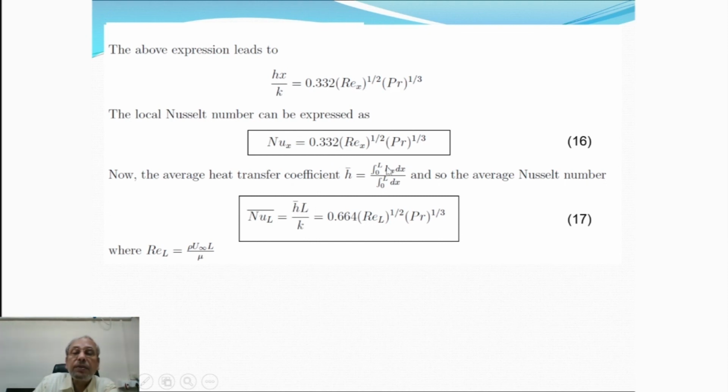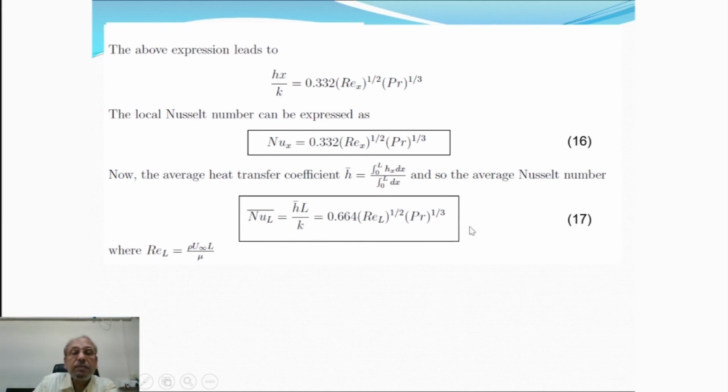If we substitute hx here from this expression and simply evaluate this integral and divide by L, we will get 0.664 Reynolds number based on the plate length to the power half, Prandtl number to the power 1/3, where Reynolds number based on plate length is given by rho U infinity L by mu.